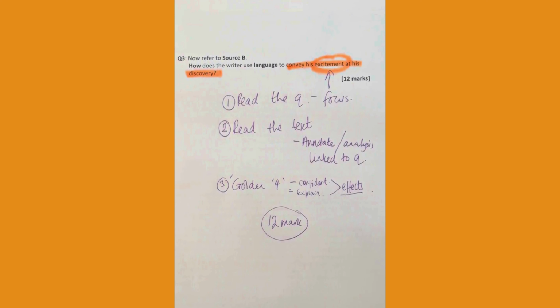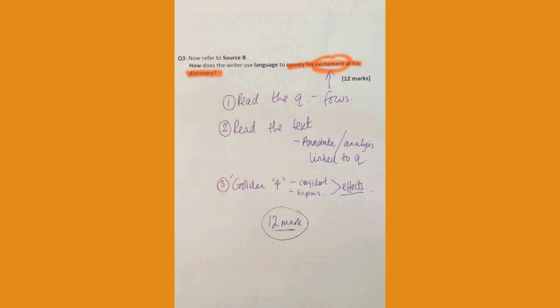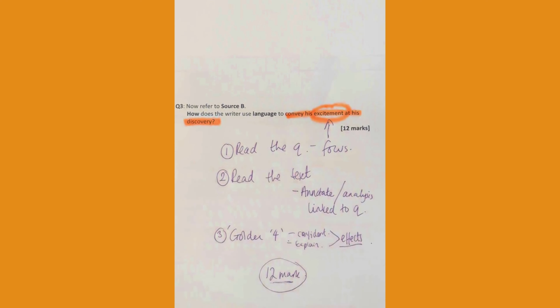Now this question should be one that you're very comfortable with because you've had to do it already on Paper 1. So it's one that will make you feel quite relaxed, you're able to do it, and if you practice the skill of language analysis, that'll be even better for you. So these are some easy 12 marks up for grabs for us. So it should be one that you're very happy with. But back to our question. So we were looking at anything that conveyed excitement.